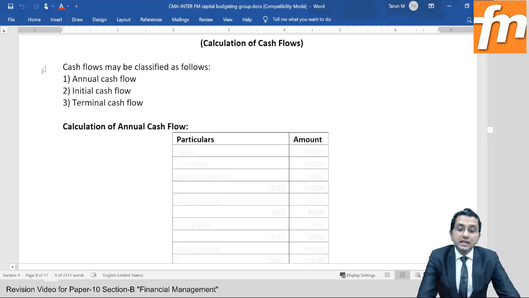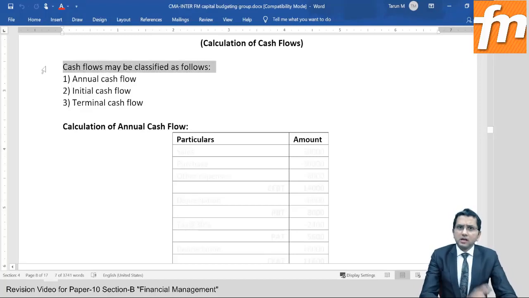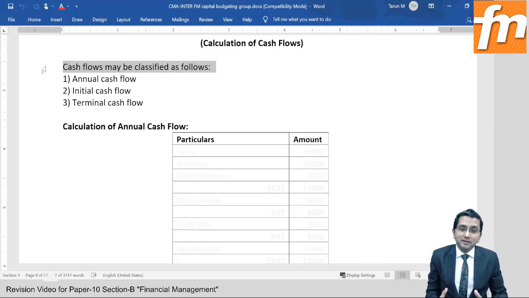For the sake of ease, cash flows may be classified. Classification is not compulsory. When you eat food in your thali, you classify food. You take sambar or dal in a separate bowl, katori, there are different small plates, and then there is one big thali.